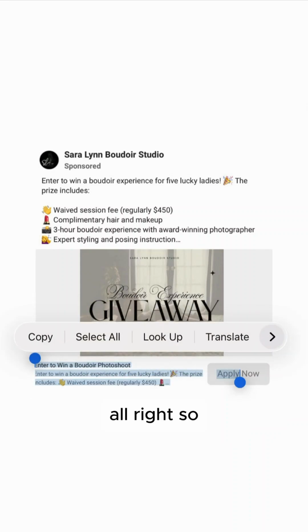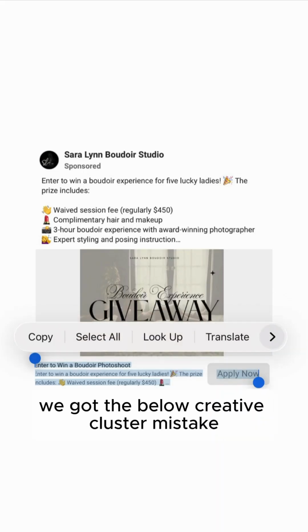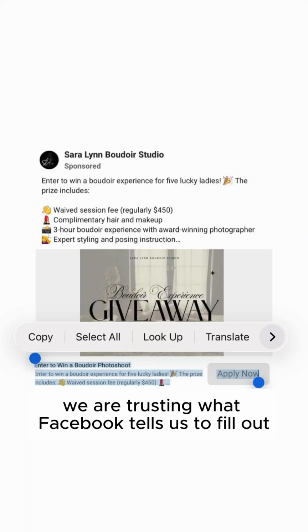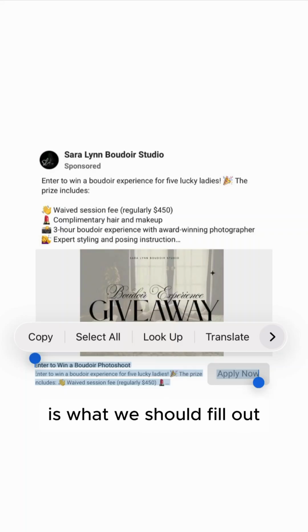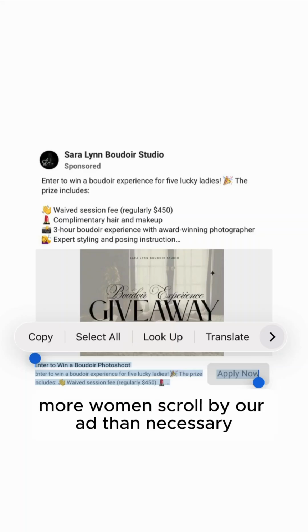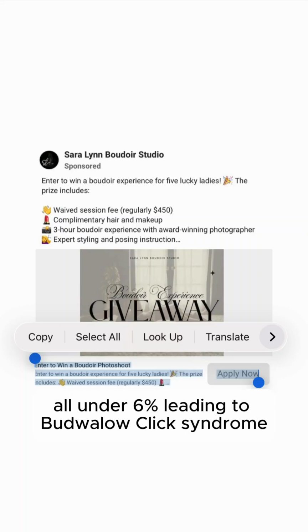All right, so what we see right here, we got the below creative cluster mistake. The false belief that caused us to make this mistake is we are trusting what Facebook tells us to fill out is what we should fill out. But the consequences of this are more women scroll by our ad than necessary, pulling unique CTR under 6%, leading to Boudoir low click syndrome.